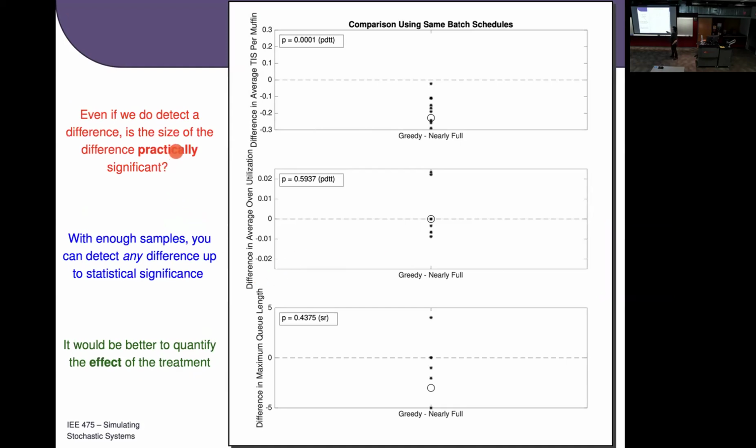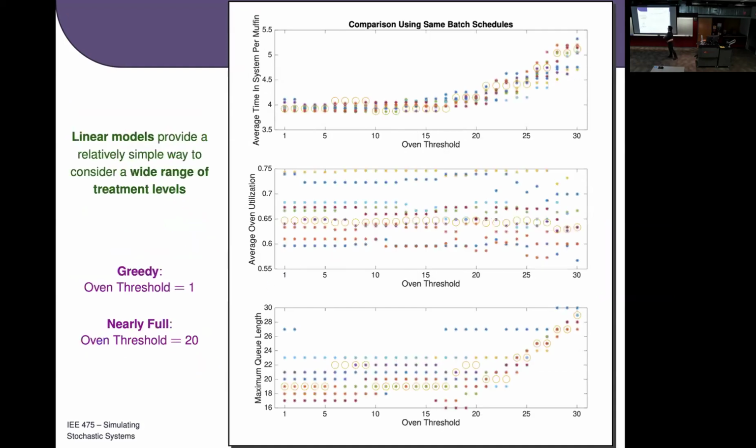And then of course is the difference practically significant. That's where regression tools will be useful. So we're not going to talk that much about regression in this class, but you have talked about regression. And I hope you can see that in the Muffin Sim, it's silly to talk about greedy versus nearly full, because really it's an ordered threshold.